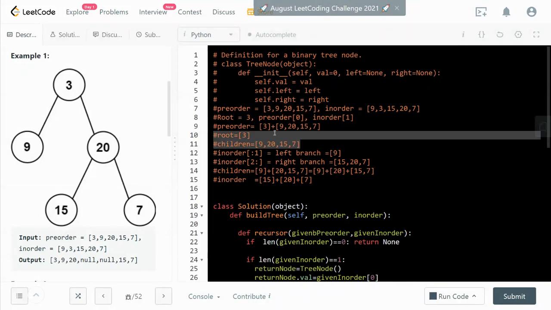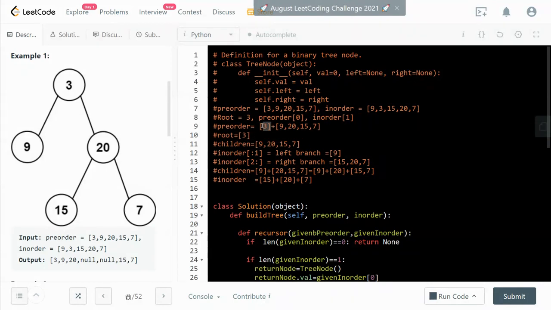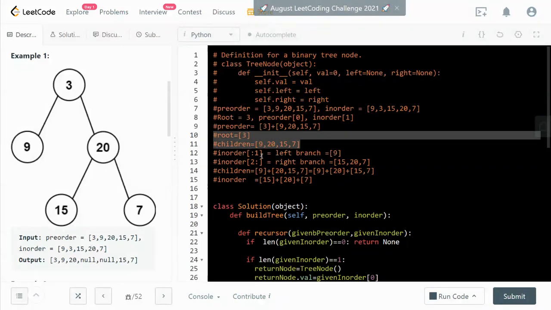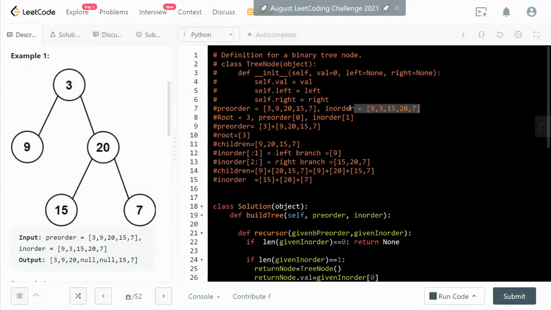That's exactly what we explained. So basically, it has two parts, right? Pre-order allows us to separate them very easily. One part is the root, another part is the children. And then we can look at in-order now. For in-order, the root is here.